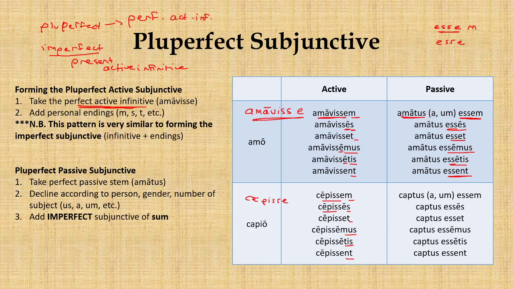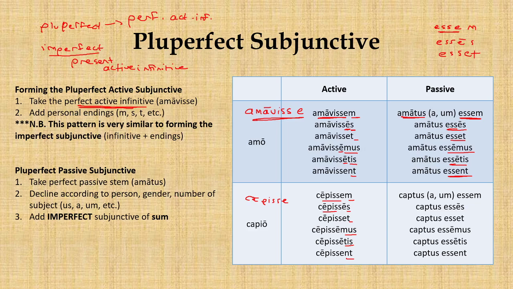So essem, essés, esset. So very, very consistent, very, very similar. And this is essentially how it works for most of our tenses of the subjunctive. So we've seen four different examples: the present, the imperfect, the perfect, and the pluperfect.